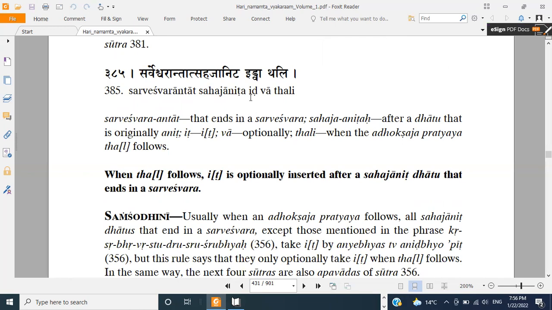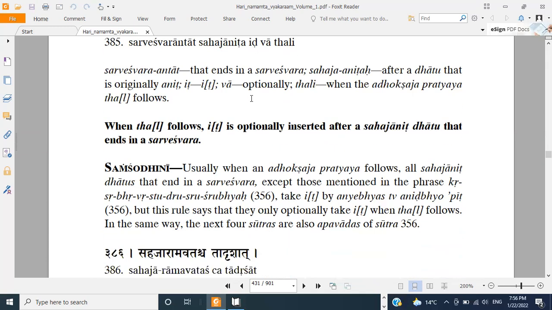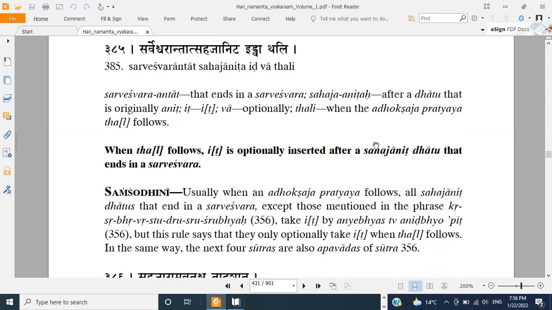Okay, so Sahaja Anit means it would be Anit if this sutra didn't apply. It would be Anit, but now we're saying it could take it. Yes. So originally it is Sahaja Anit, but this one time we are making it so when Thal will follow.